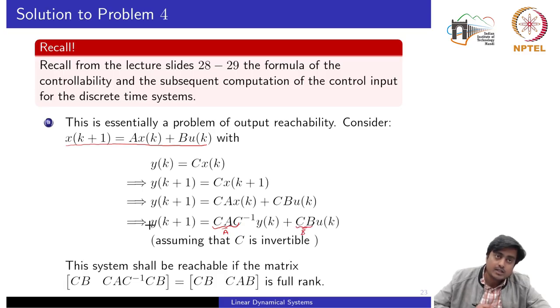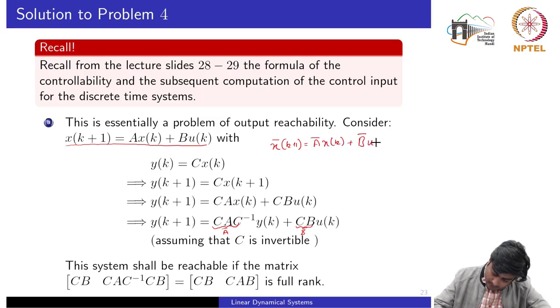And now I can replace y, which is an output variable, by some x bar. So this would become x bar k plus 1 equals A bar x bar k plus B bar u k. Now this equation becomes almost similar to the state equation we have been seeing from the beginning. So using these matrices A bar and B bar, I can compute the rank of the controllability matrix.